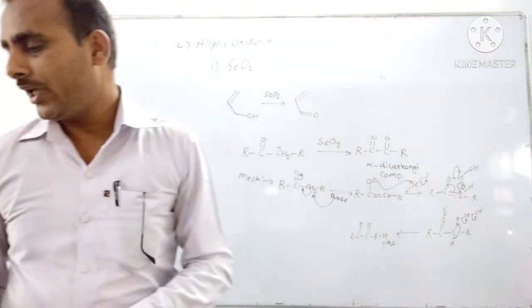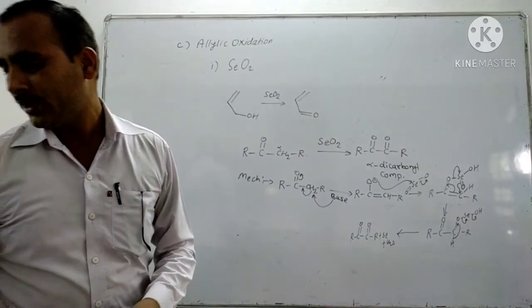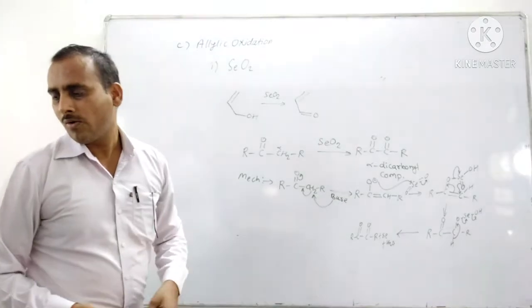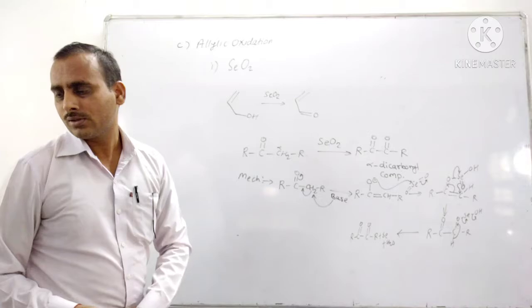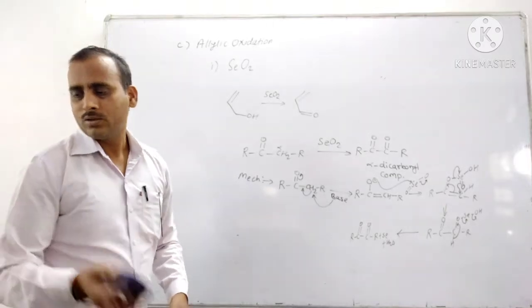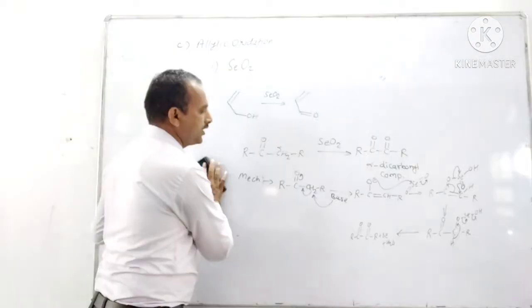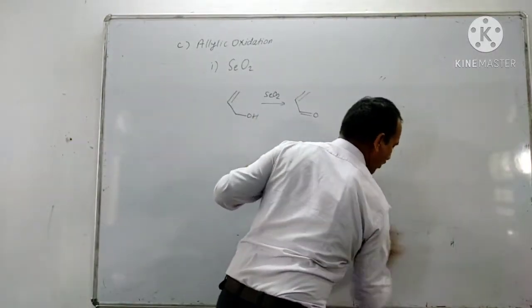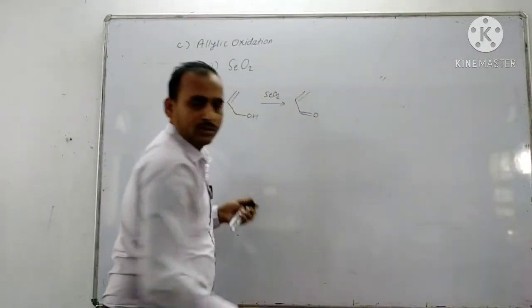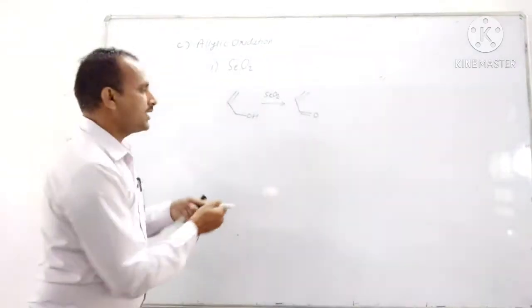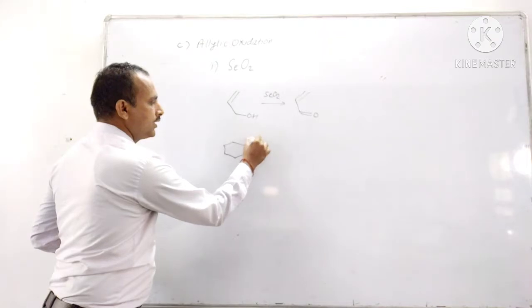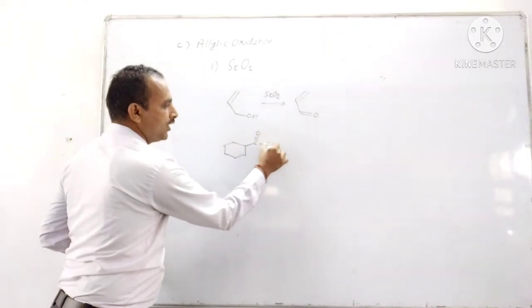Okay, let's see more examples of this oxidation. Acetophenone, C double bond O CH3.